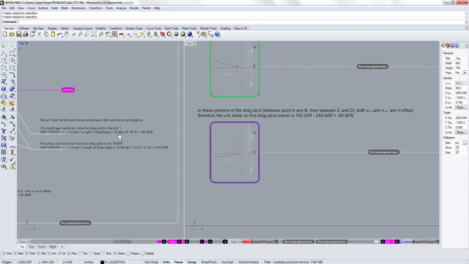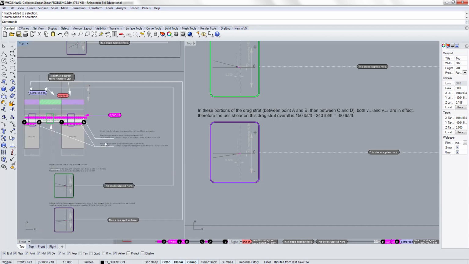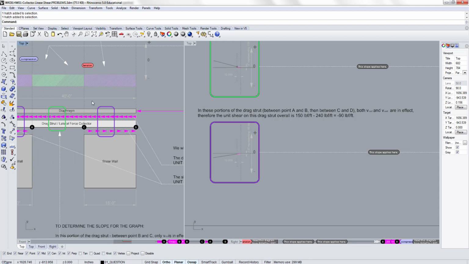According to the previous calculation, V roof was positive 150 and V wall was negative 240. Because both of these are present at this purple location, the unit shear for this purple part is actually 150 minus 240 equals minus 90 pounds per foot.